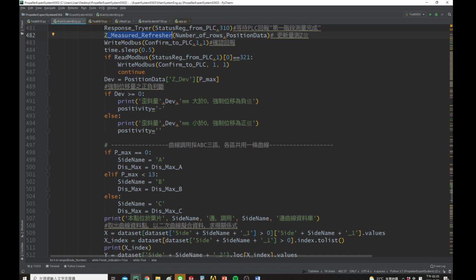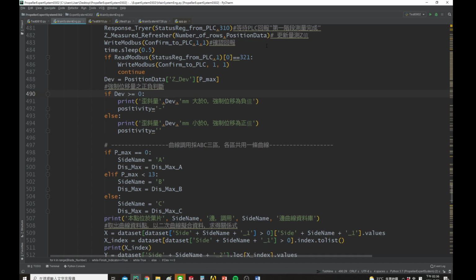Update means updating all the values in the deviation, because my function will check the z measured, this is in the PLC.